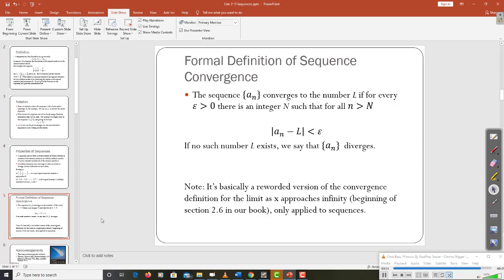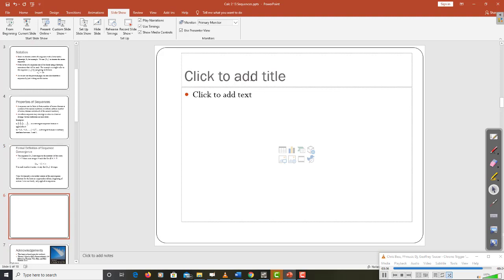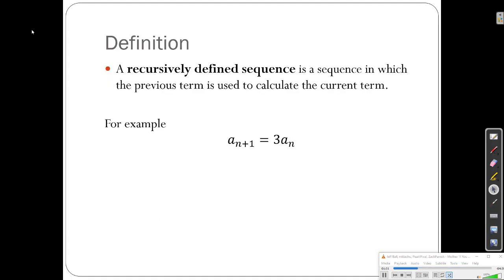In this one, I'm going to give you one more definition. The last thing I'm going to talk about before we get into some exercises is a recursively defined sequence. And this is a sequence in which the previous term is used to calculate the current term. So for example, here we have a sub n plus 1 equals 3 times a sub n.